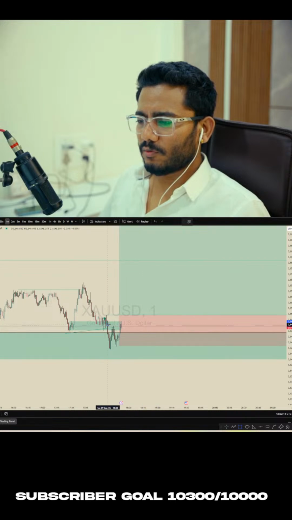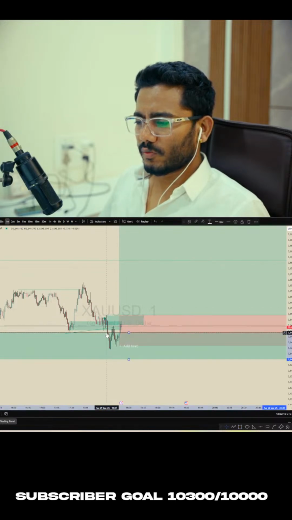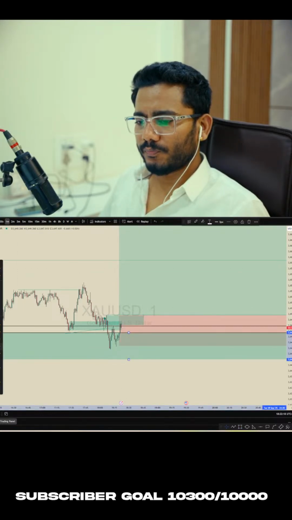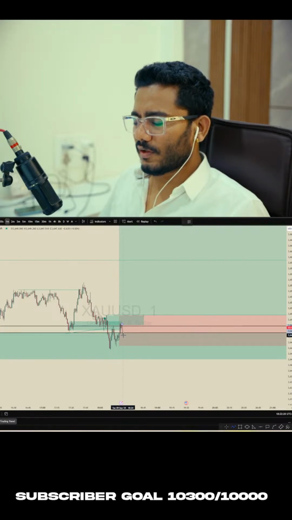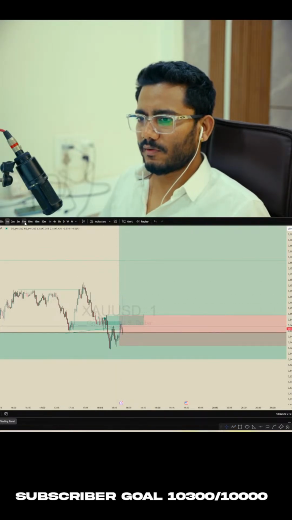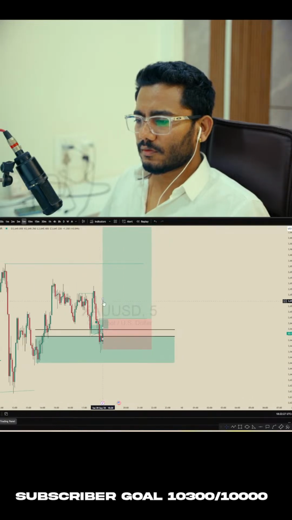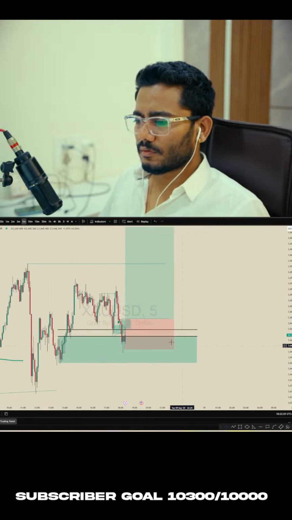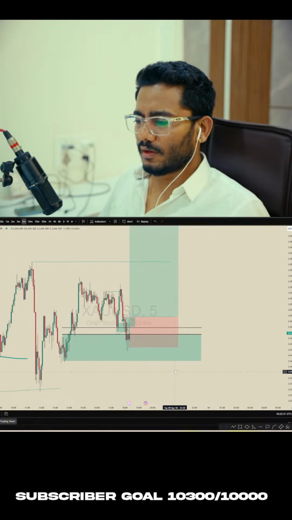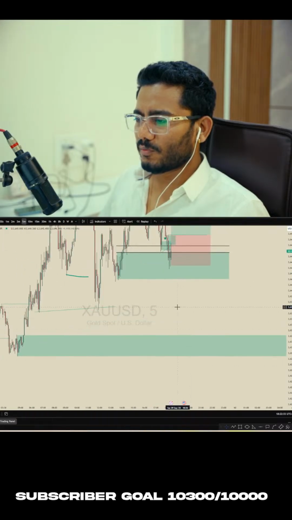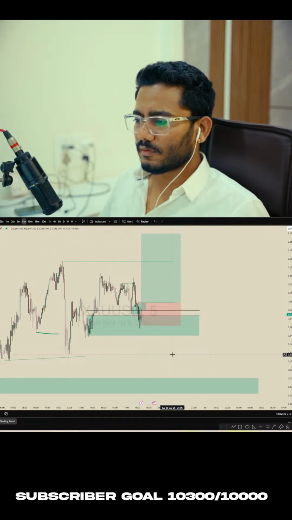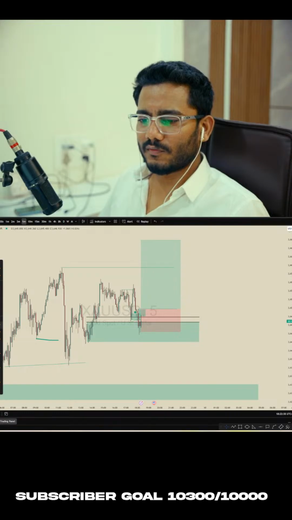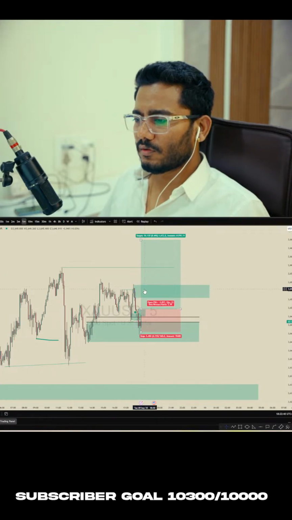We have this breaker block, so it will be a failed order block. Price will reject from this and then it should break, sweeping this liquidity. This is where we will enter. And if it continues, then we can look for buy side from here. I'm not looking for sell side. If this breaks, then we can look for sell from this order block because it took out this liquidity and then broke the structure.